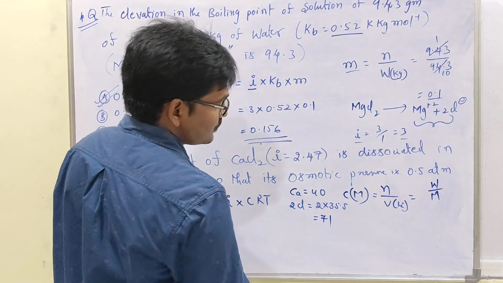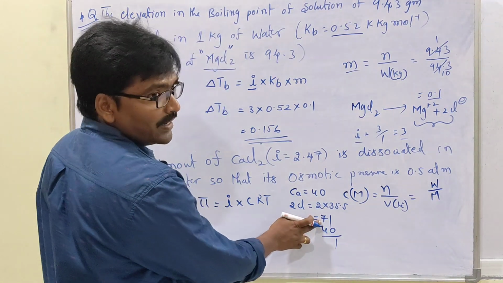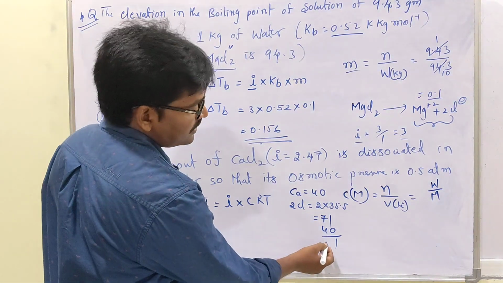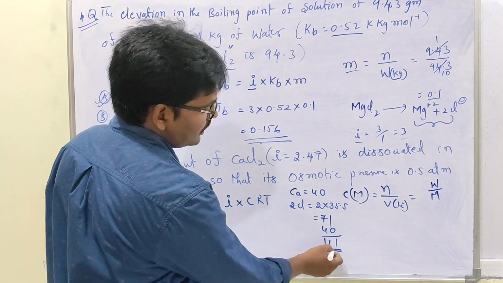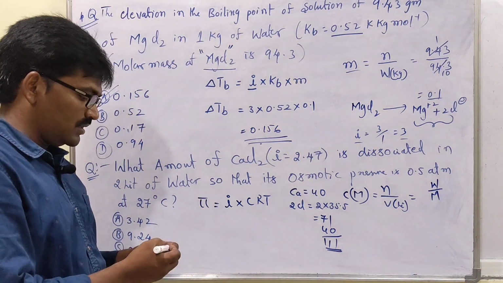So 71 plus 40 is 111. So it is 111 for CaCl2. Clear, all of you? So that is the molar mass.